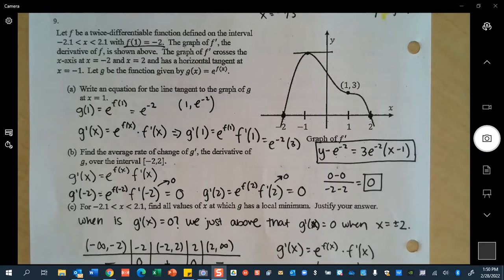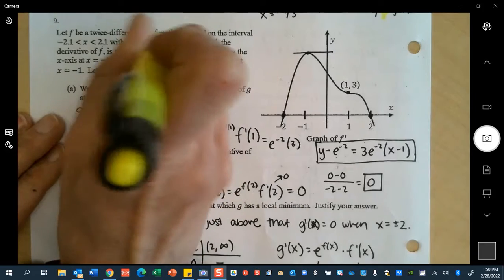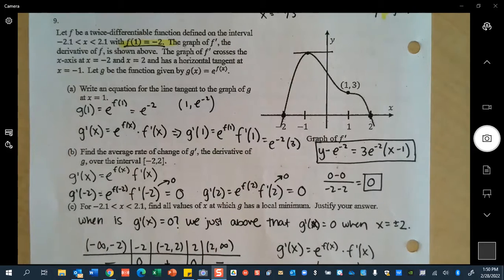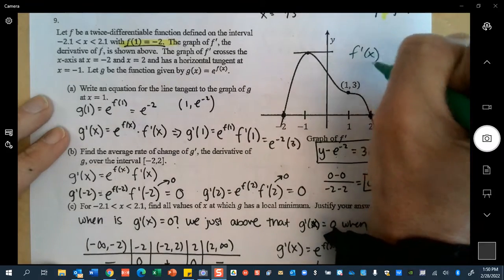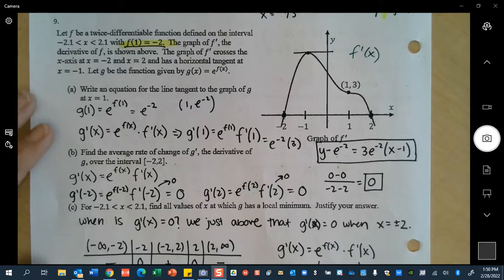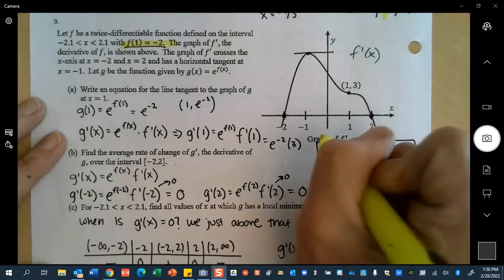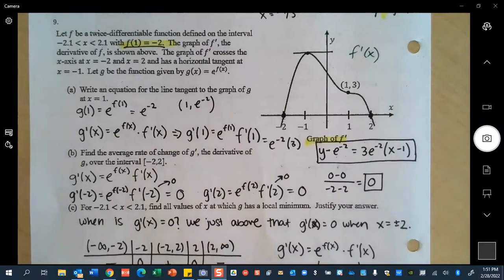We do need to remember that when 1 is my input of my function, negative 2 is my output. This graph is the graph of my derivative of my original function. That's written down here. Okay, so I'm looking at the graph of my derivative.